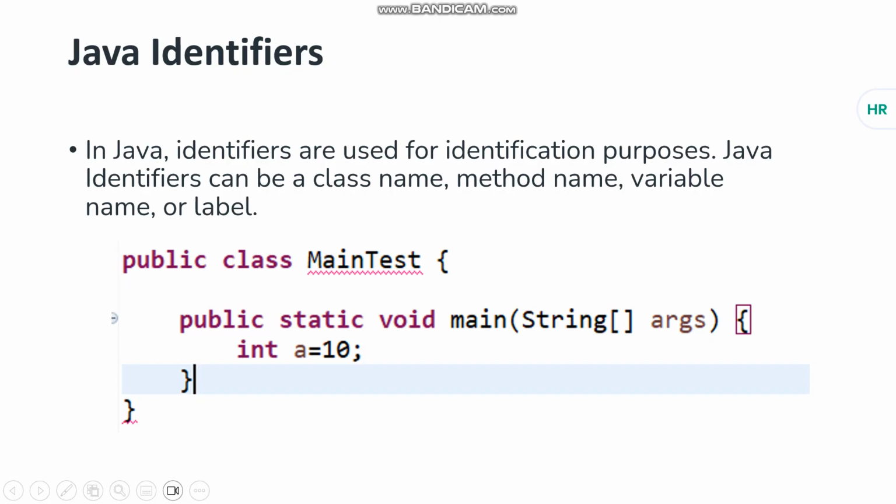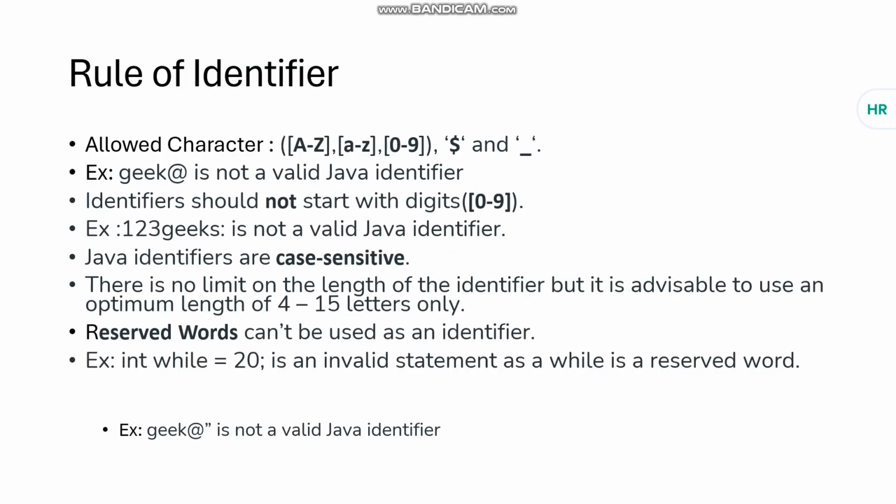Please check and let us know how many identifiers we have here. We know the class name can be an identifier, so the main test class is an identifier, and the method name is an identifier. So this main is also an identifier. The variable names args and int a are also identifiers.